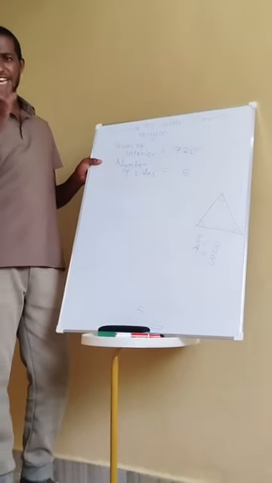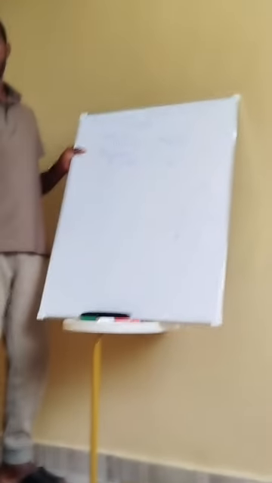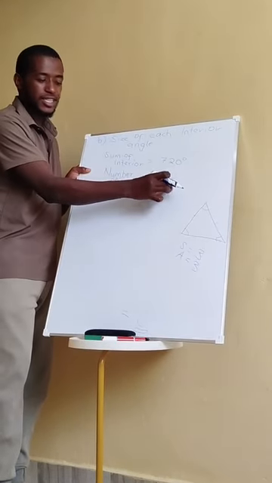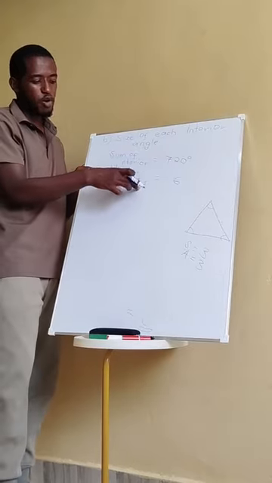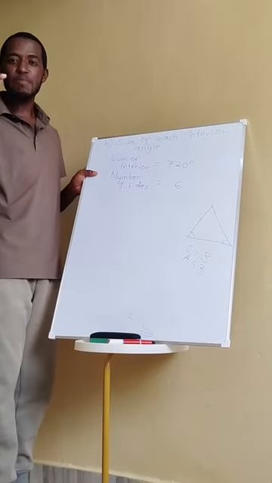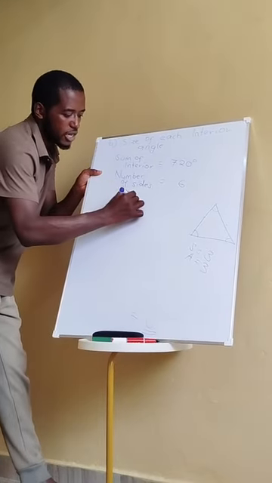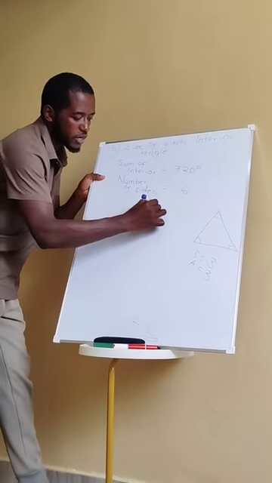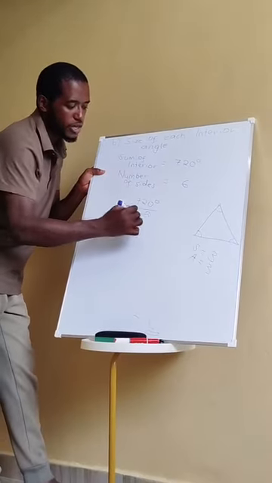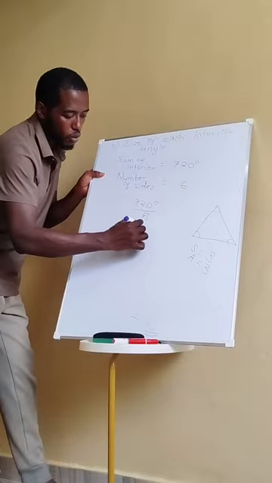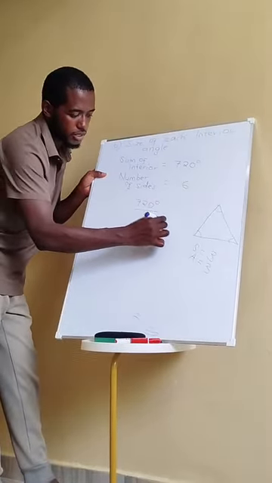To get each interior angle, you divide the sum of interior angle by the number of sides, because the number of sides is the same as the number of angles. Therefore, each interior angle is 720 degrees divided by 6, and that gives you 120 degrees.